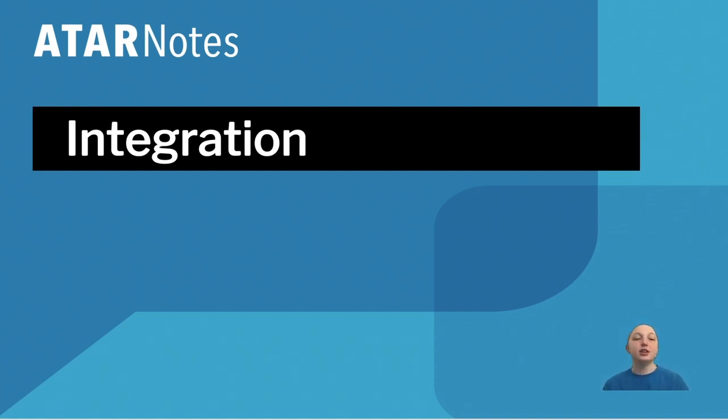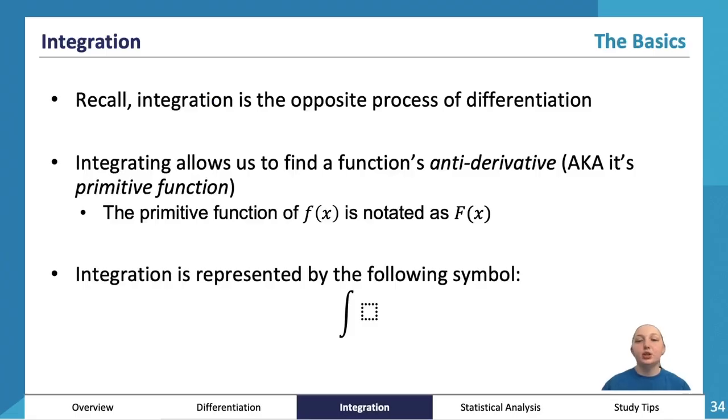So for a lot of you, this may be the first time you're looking at integration. Maybe it isn't, maybe your school's already done it. If it has, then this will be a good refresher, otherwise a good introduction to integration. Integration is the opposite of differentiation because it allows us to find the antiderivative, which is also called the primitive function.